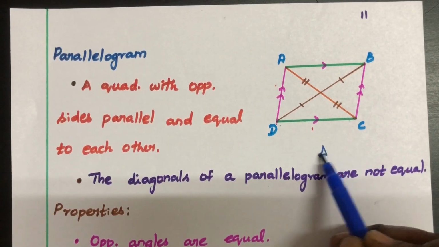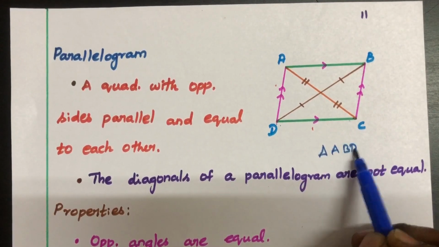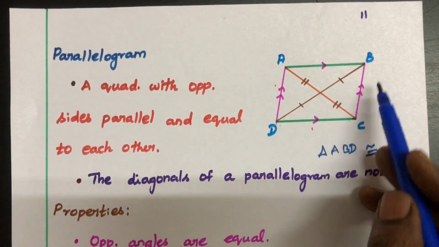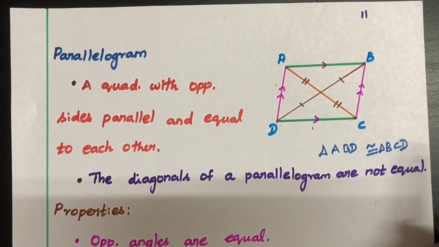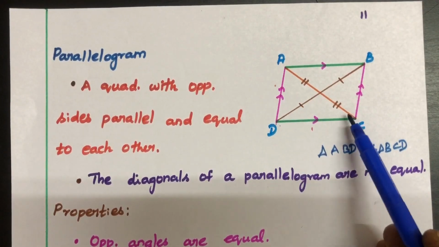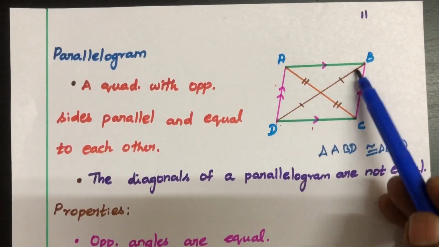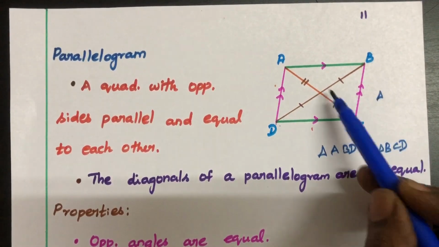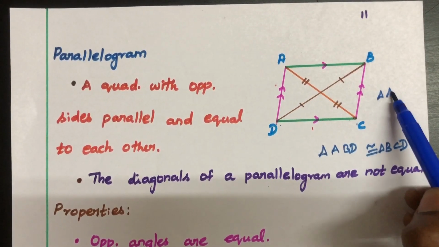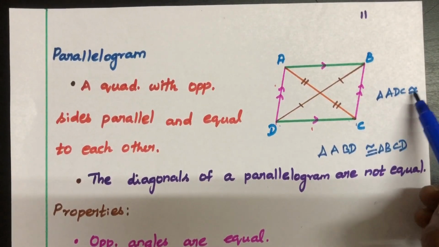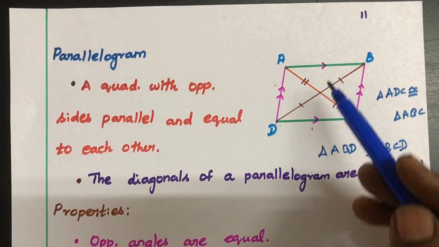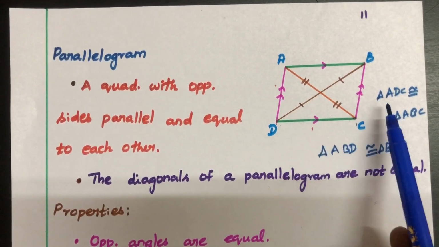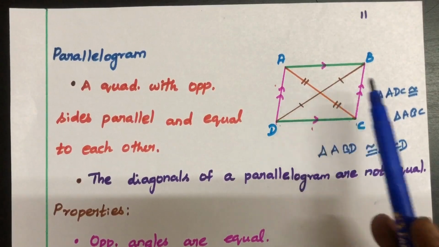Similarly, triangle ADC is congruent to triangle ABC. Using two diagonals, we can have a pair of congruent triangles in the parallelogram.